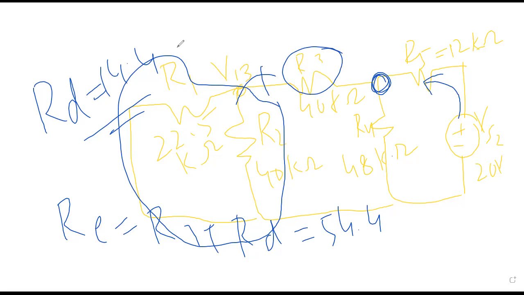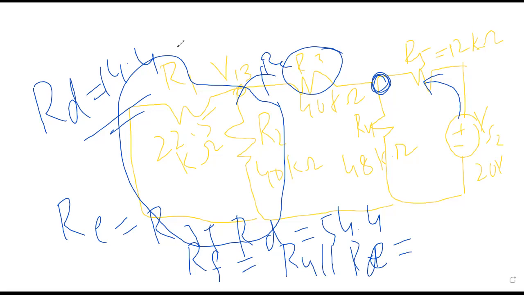So the next is RF. RF is R4 parallel to RE, not RD. So this is R4 multiplied by RE, whole divided by R4 plus RE.